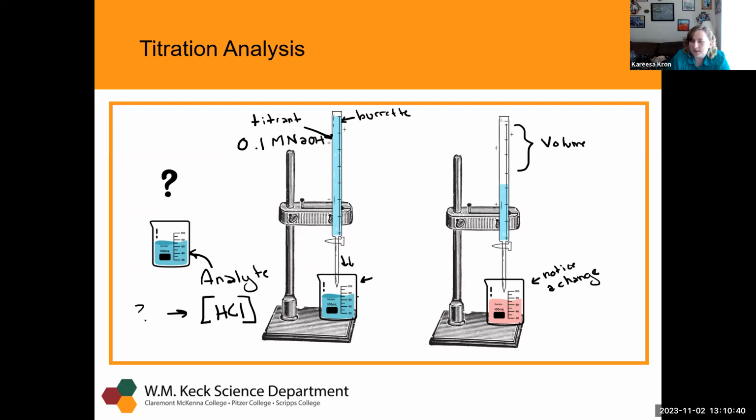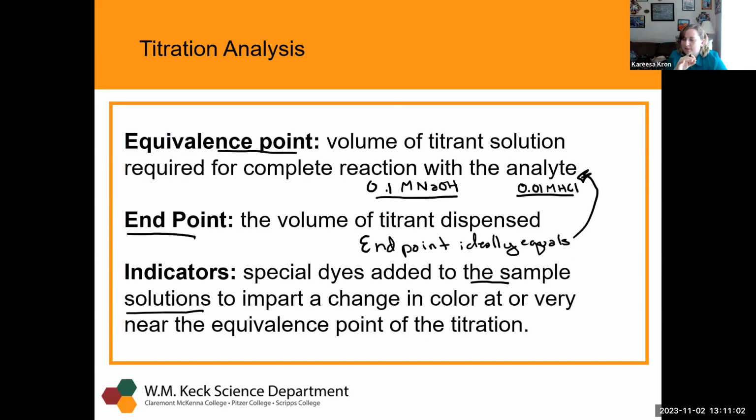And that's because we added an indicator here. In this solution is an indicator, which is clear at the start of this reaction and turns to pink at the end, which allows us to note that we've hit this equivalence point. So that's where this indicator is hiding in this process.